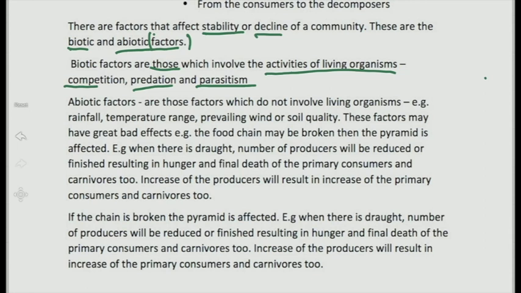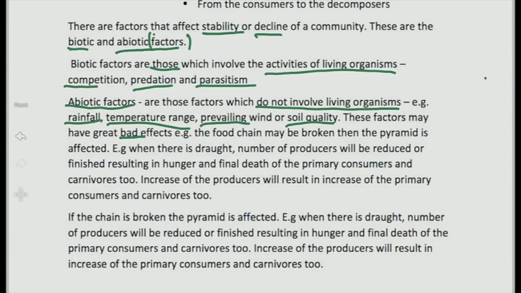Then we have abiotic factors. Here, we're now talking of factors that do not involve living organisms. They are naturally there. These include the rainfall, the temperature range, the prevailing wind, and also the soil quality. And then these factors may have great but bad effects.